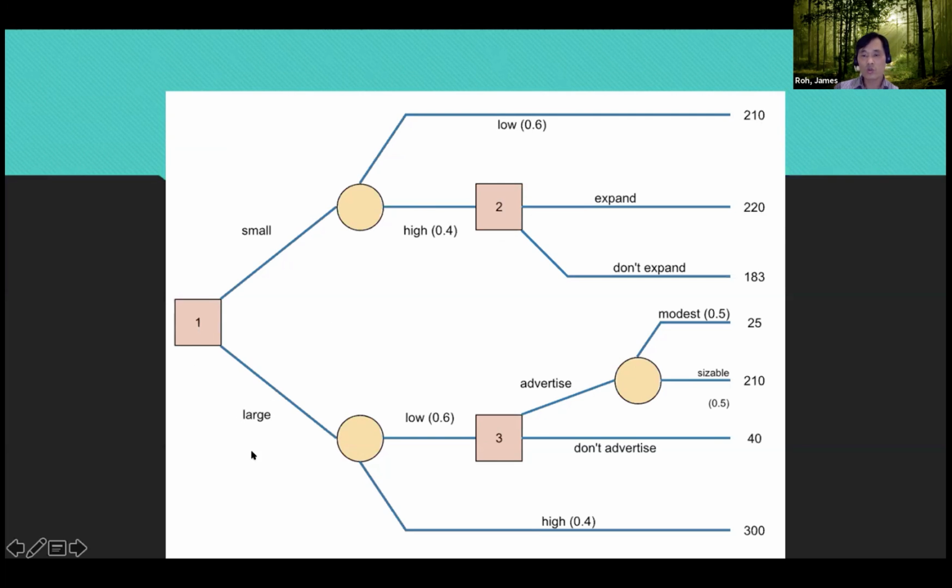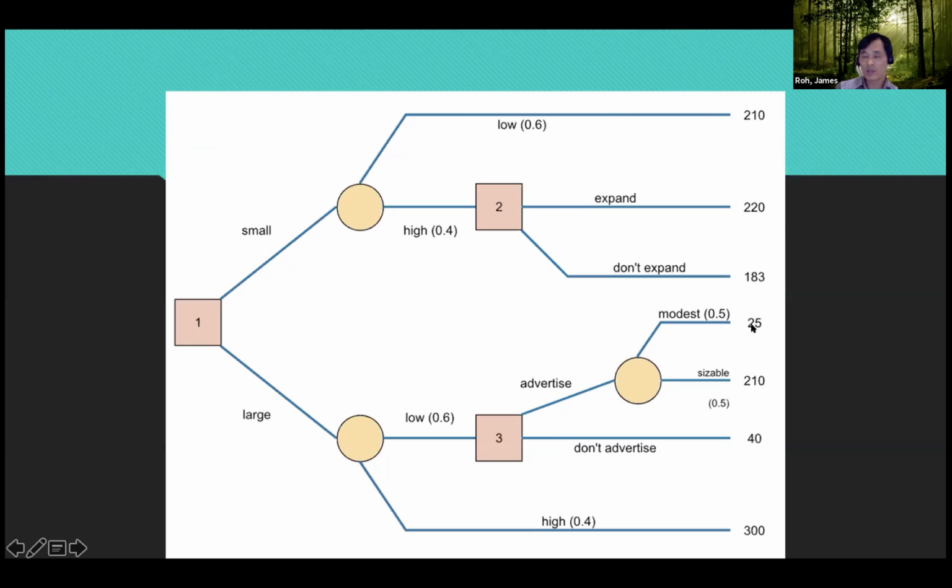Now for the larger choice, 0.5 times 25 plus 0.5 times 210 is your EMV, and that comes over here. And don't advertise 40. I think this one is greater, right?